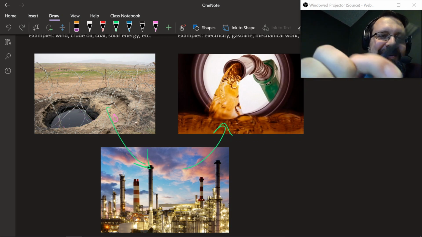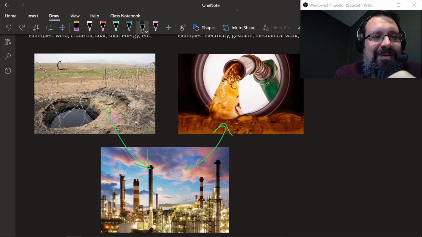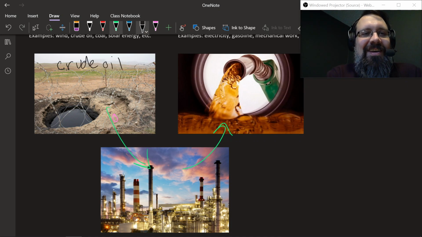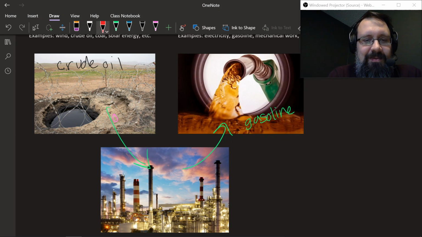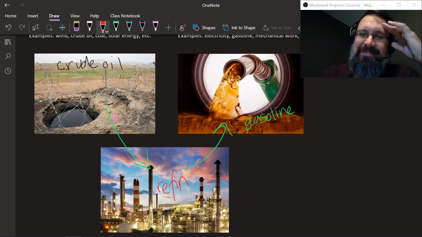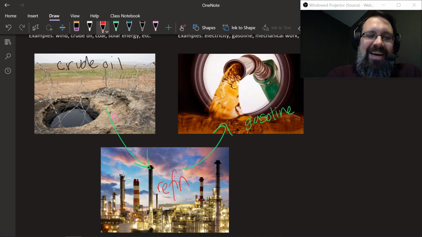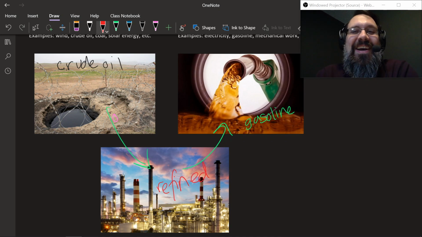Oh my gosh, I should use black. Here we go. So this is crude oil. And then what color over here? Green looked like it was working pretty good. This is gasoline, and then down here we have what's called the refinery. I don't know how to spell refinery. I'm just going to write refined.